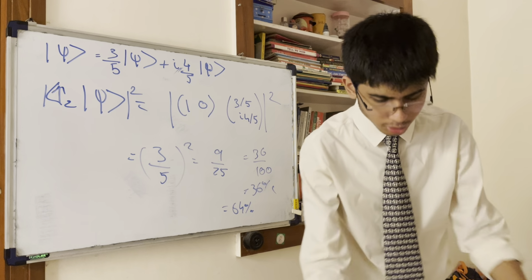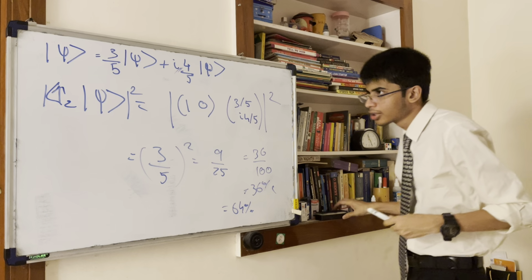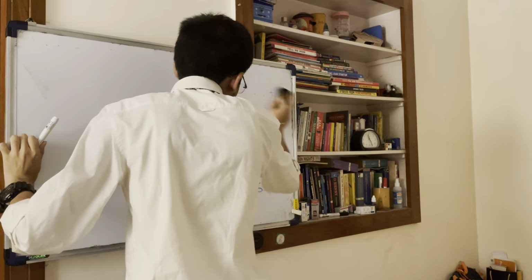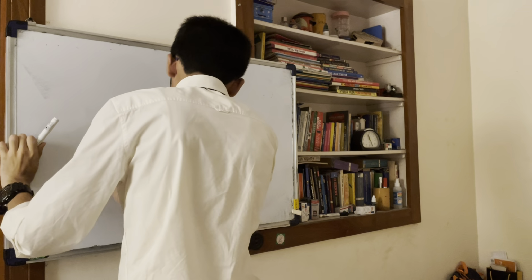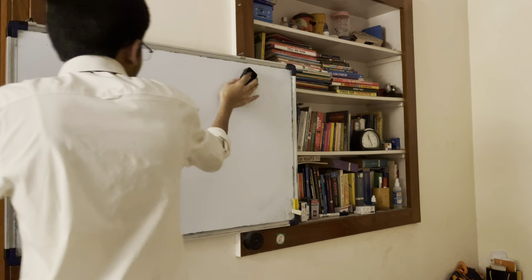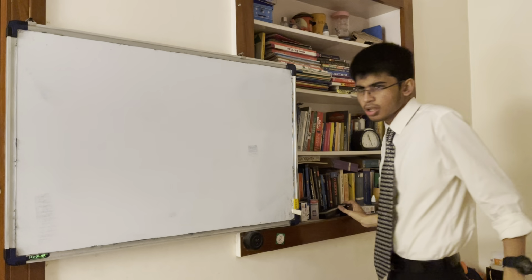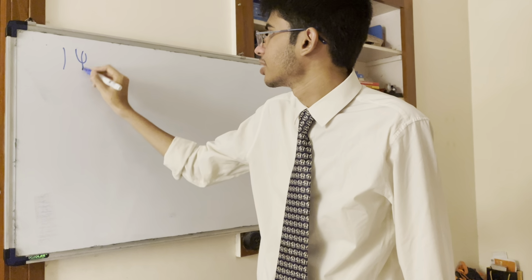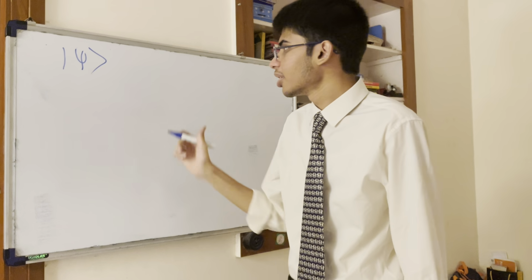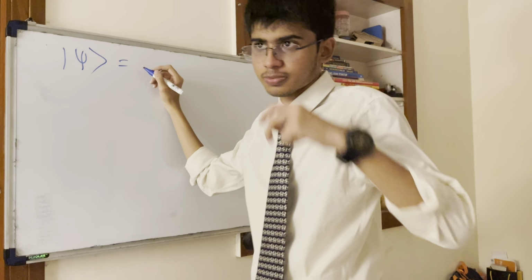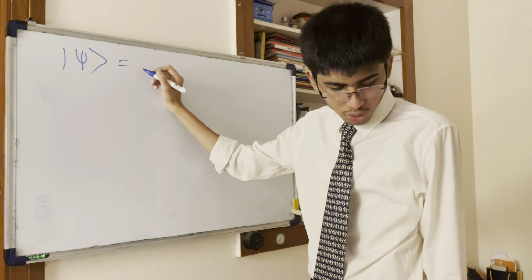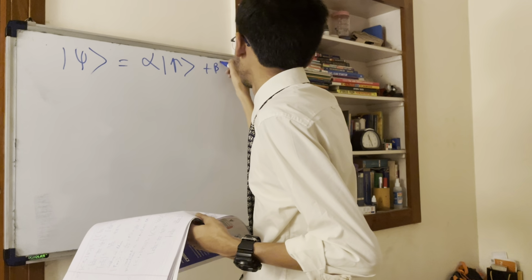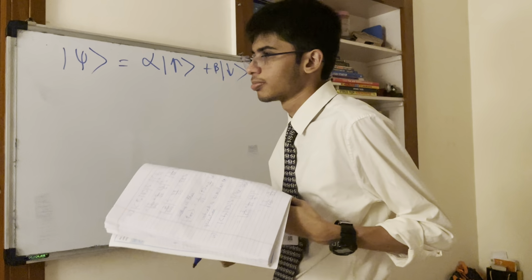Now we come to another important part of theory, which is the act of measurement and how it changes the behavior of a system. So when I said that you have a state, let's say this is a state. This is a linear combination of alpha and beta. So you will have alpha times spin up and beta times spin down.